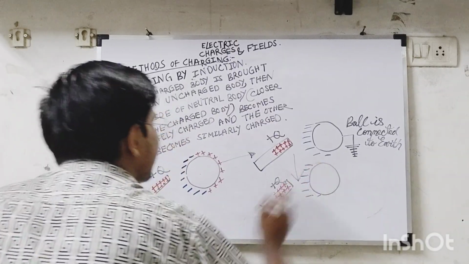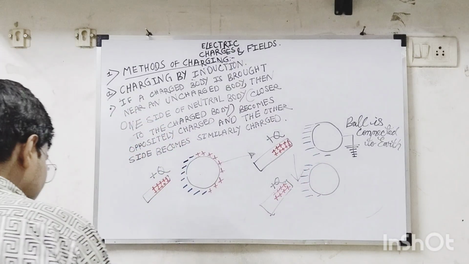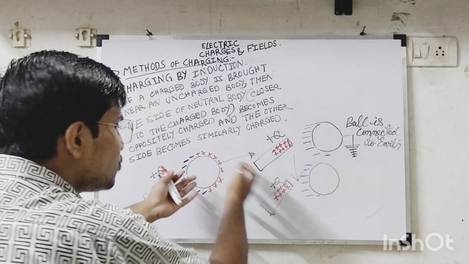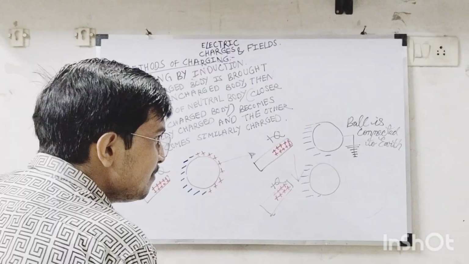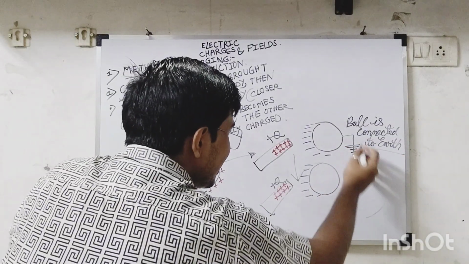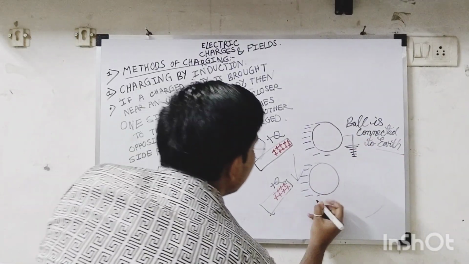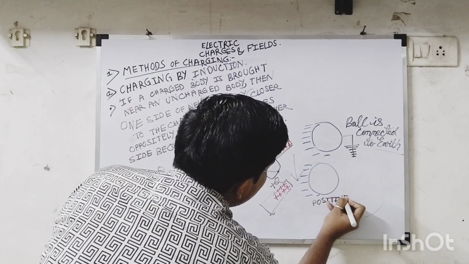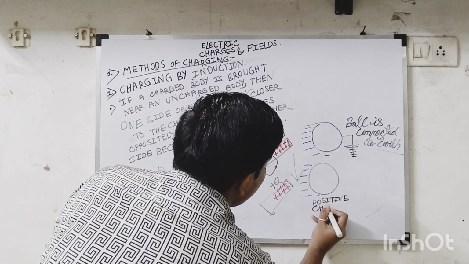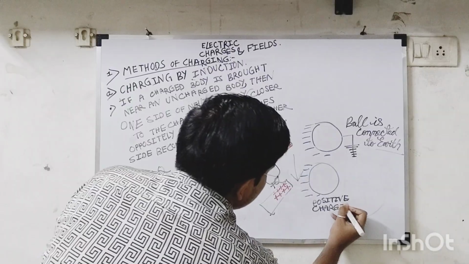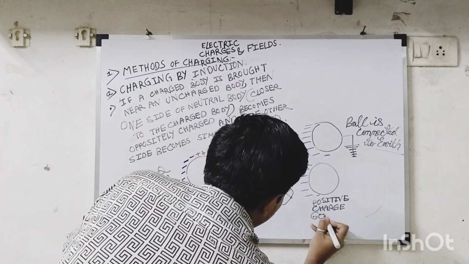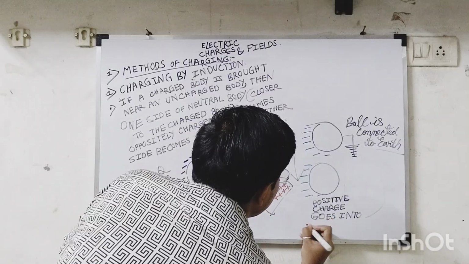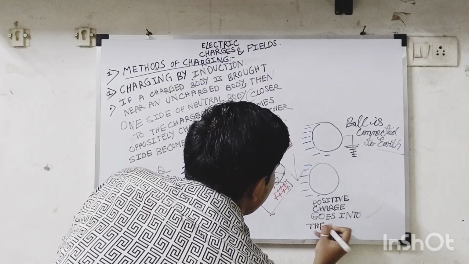You will ask me, sir, where did the positive charge go from the ball? Very simple, brother. It is connected to the earth, that means it is going to the earth. Now we can write it down: positive charge goes into the ground.